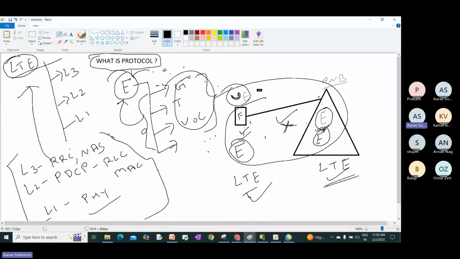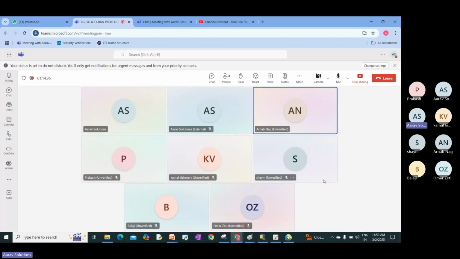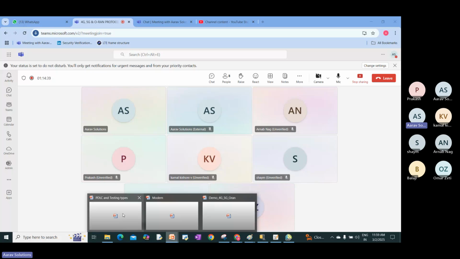If you cannot explain it in a simpler format, or cannot visualize that process, it means you have an understanding gap in whatever you are learning. Make sense? Any doubt? No. Okay, thank you.